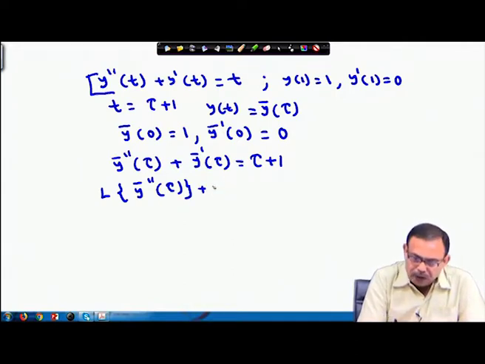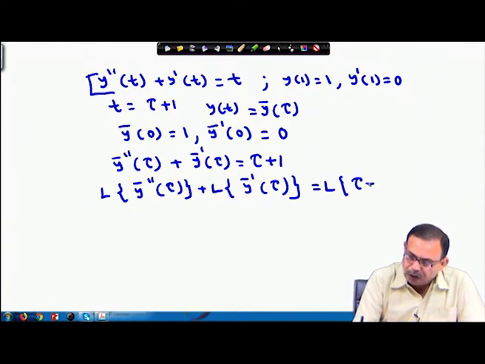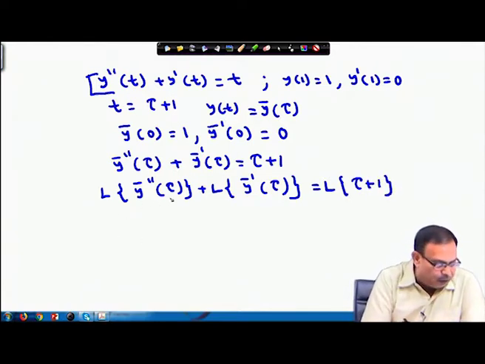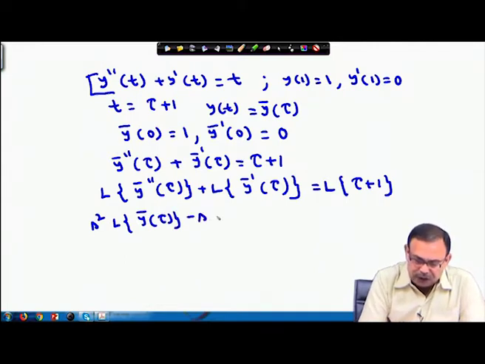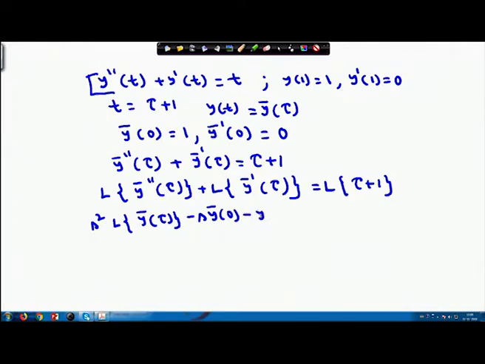The Laplace transform of y bar double dash (tau) is, as you know already, s squared times the Laplace transform of y bar (tau) minus s y bar (0) minus y bar dash (0), plus, for y bar dash, s times the Laplace transform of y bar (tau) minus y bar (0), equals the Laplace transform of tau plus 1, which will be 1 by s squared plus 1 by s. So, you are obtaining 1 by s squared plus 1 by s.